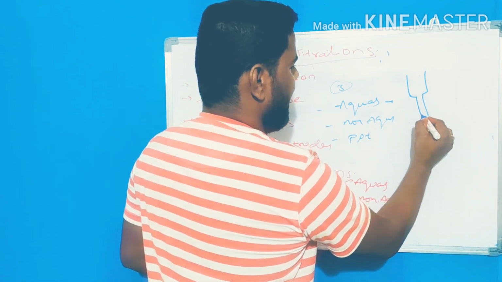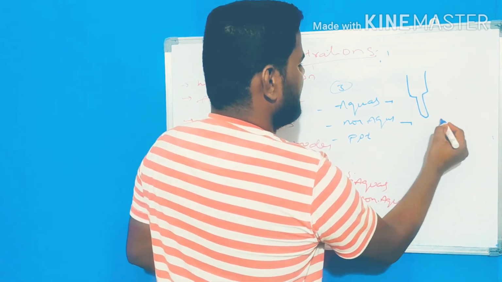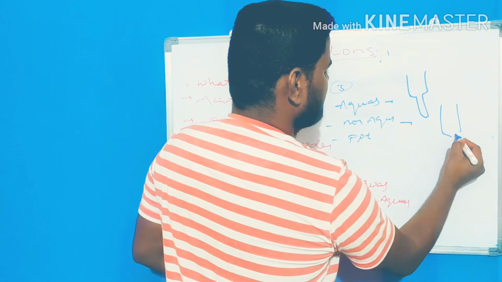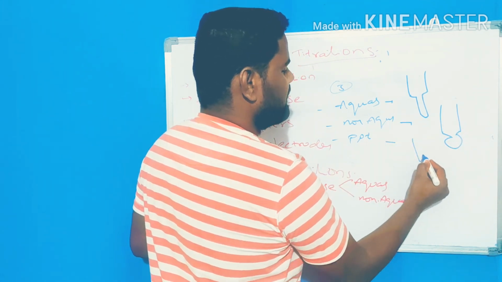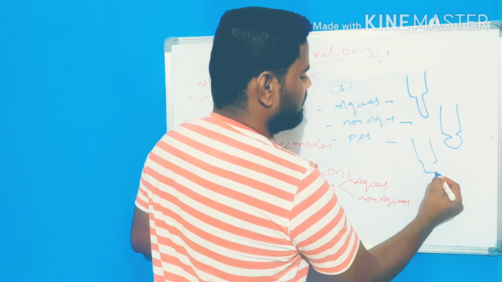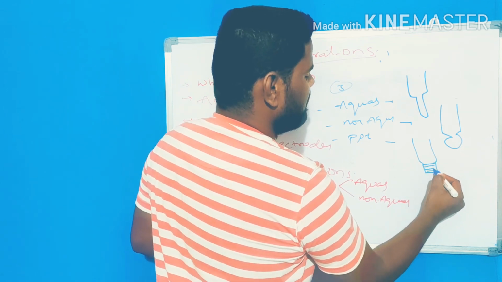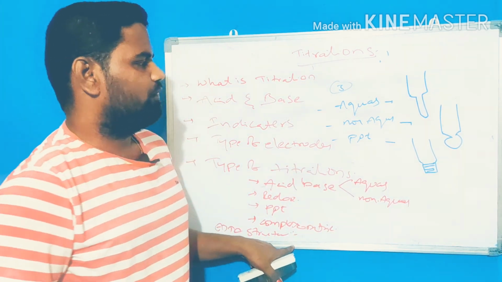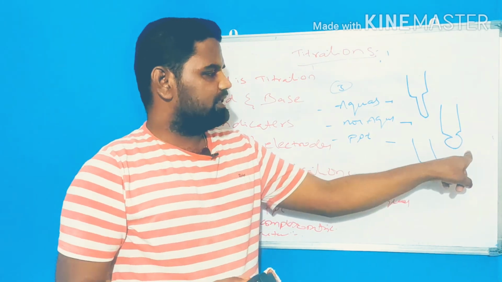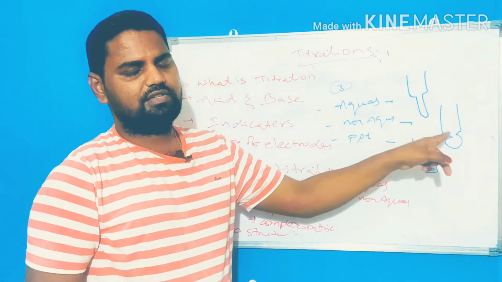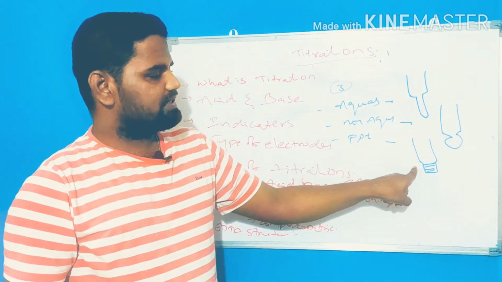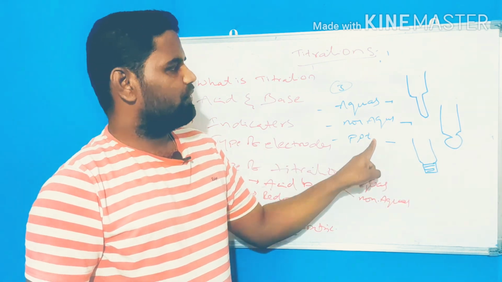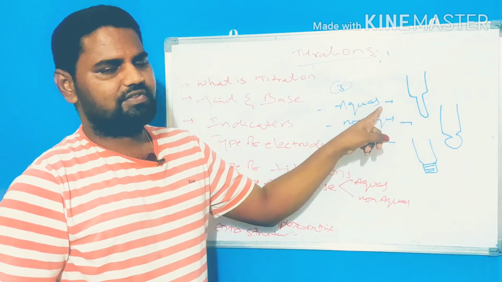The non-aqueous electrode is like this. The precipitation electrode is like this. When you see this bulb, it is simply called a non-aqueous electrode.